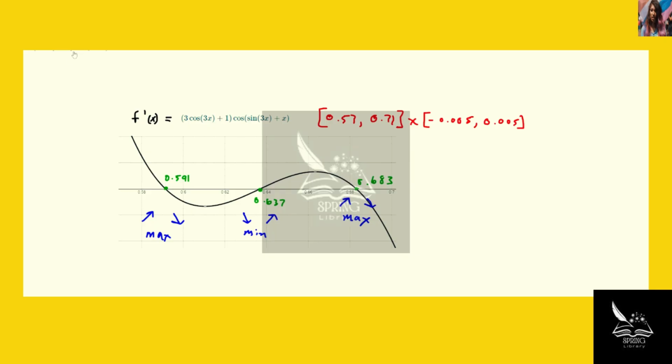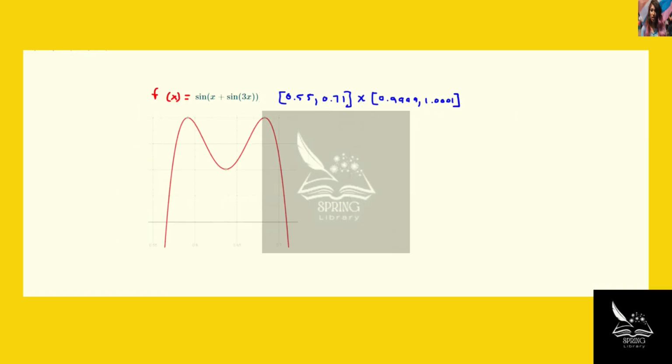If we were to go and look at our original function now, and we look at the interval 0.55 to 0.71, and along the y-axis 0.9999 to 1.0001, you can see that this, which we originally thought was supposed to be a maximum, in reality ended up being a minimum value.